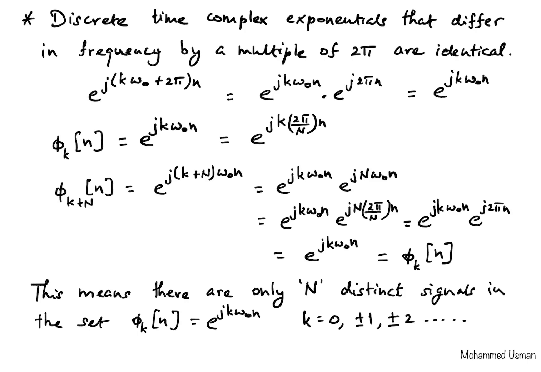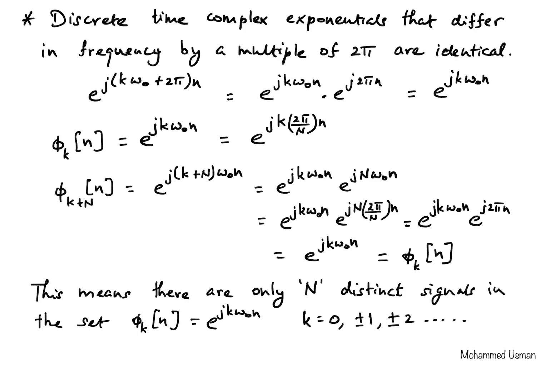So we have these three observations regarding the discrete time complex exponentials. First is that for them to be periodic, omega naught should satisfy a certain condition. The second is that if a complex exponential with frequency omega naught has a period n, then the complex exponentials whose frequencies are multiples of omega naught are also periodic with the same period n.